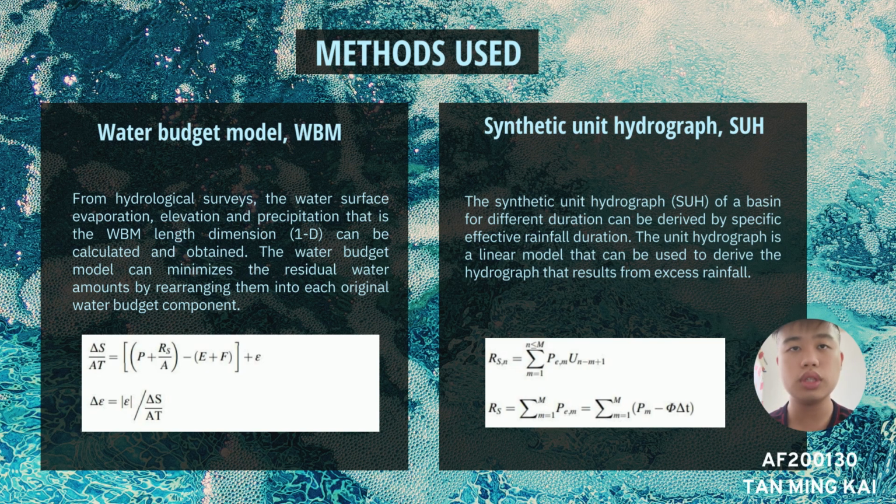The water budget models can minimize the residual water amount by rearranging them into each original water budget component. While the synthetic unit hydrograph of a basin for different durations can be derived by specific effective rainfall duration. The unit hydrograph is a linear model that can be used to derive the hydrograph that results from excess rainfall, and both formulas are shown below.